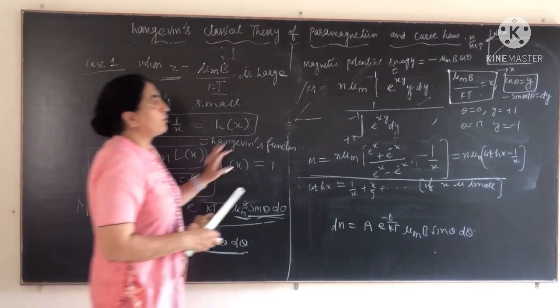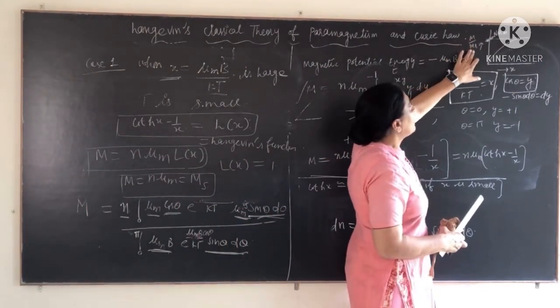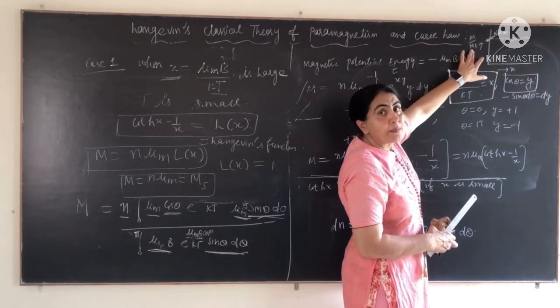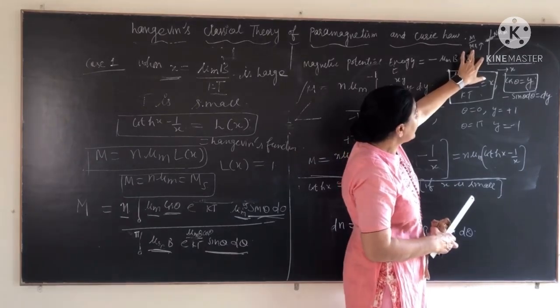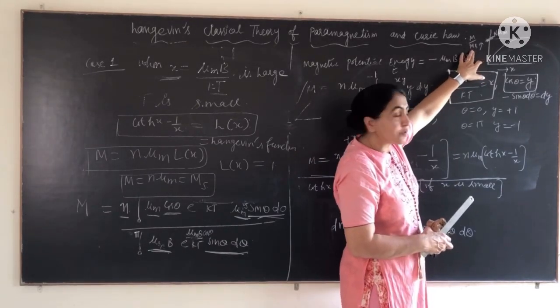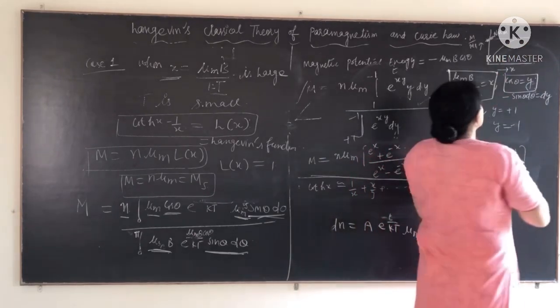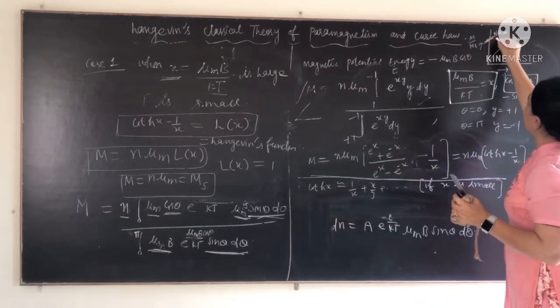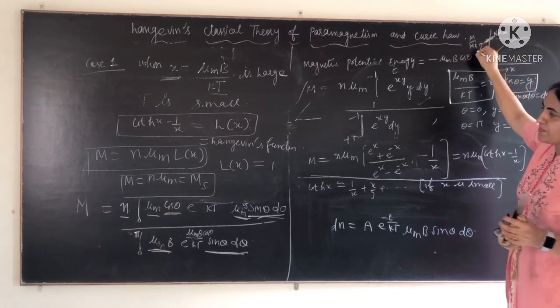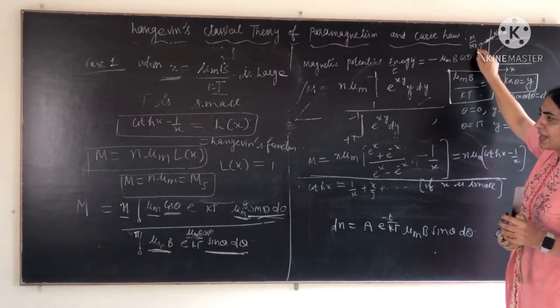Clear? So when we plot a graph between M over Ms, with Langevin function equal to 1, with x, you will get a graph like this, and this is the highest value, M over Ms.